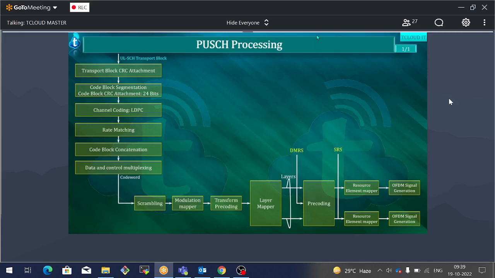Actually, the way the uplink channels are designed in 5G, there are two important uplink channels. One is called PUSCH, the other one is PUCCH. PUCCH refers to the control channel. C here refers to control, which carries some important control information.